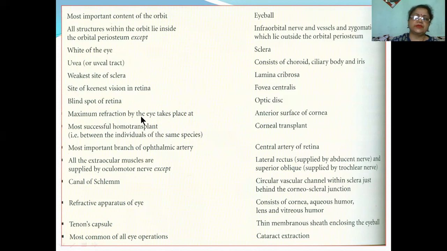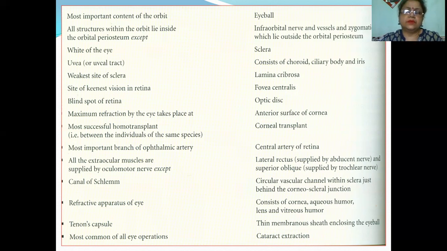Maximum refraction by the eye takes place at the anterior surface of the cornea. So the cornea has to be proper. Okay, nowadays people are going for keratoplasty. So they will do laser keratoplasty. They will do it radially. They'll make cuts in the cornea to help the vision. But it depends how far it will be corrected.